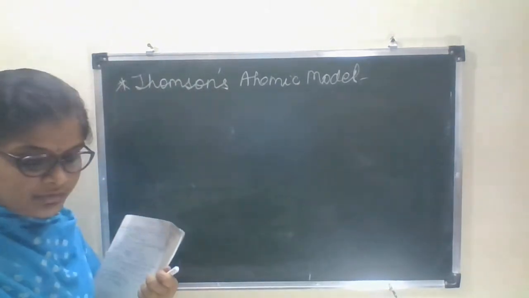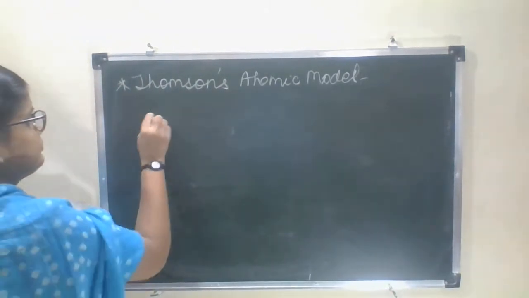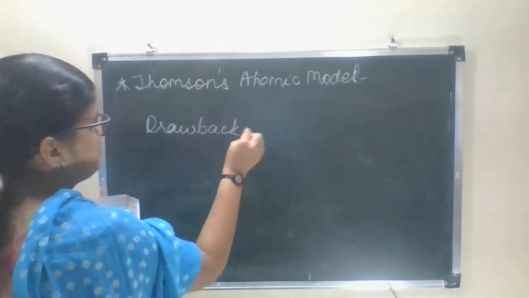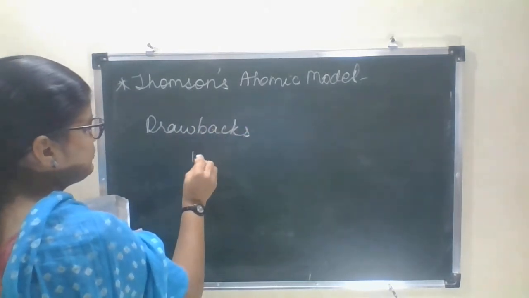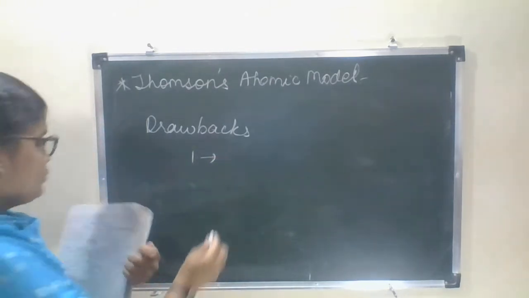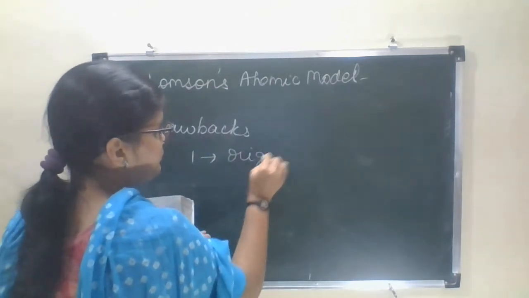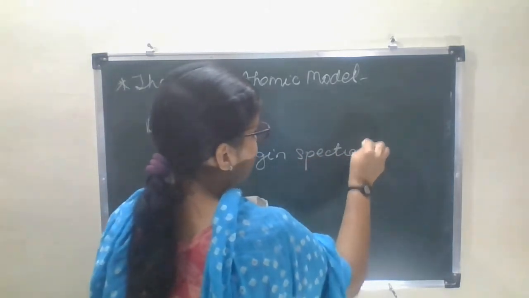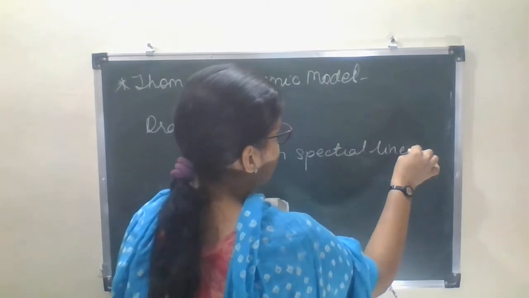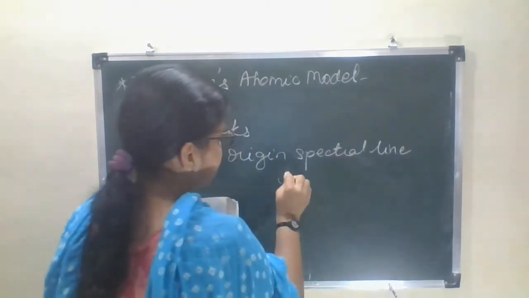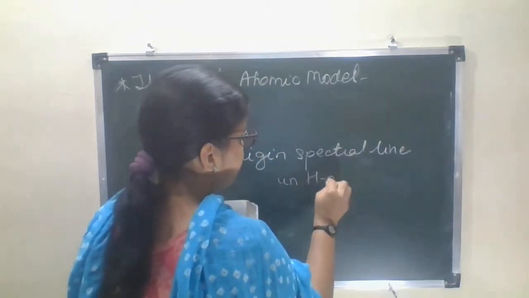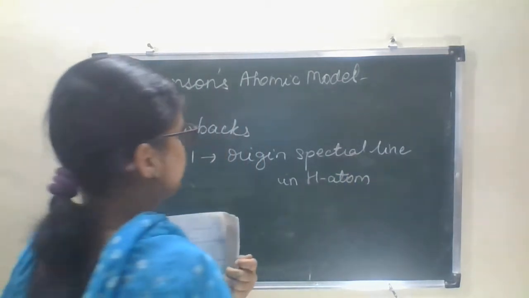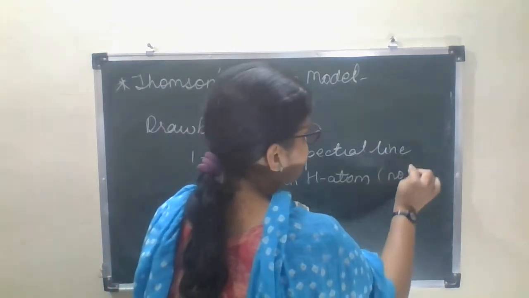So what is the first drawback? Origin of spectral lines in H not explained.